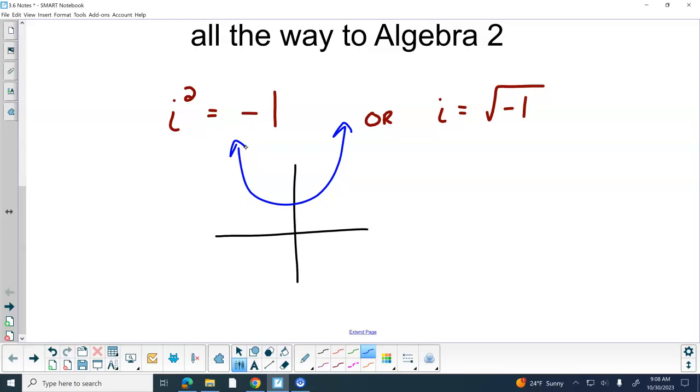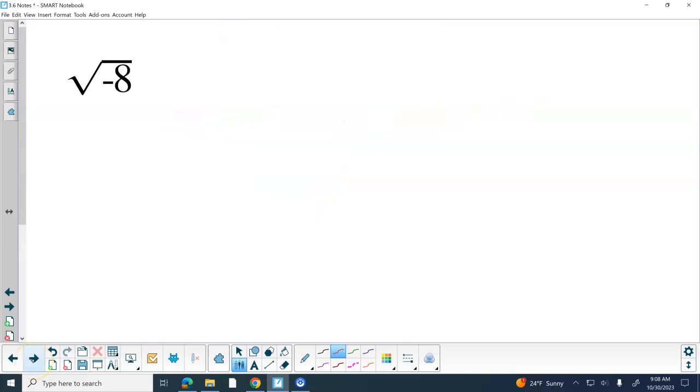So because it never crosses that x-axis, mathematicians, much smarter than I, came up with the imaginary concept. So i equals the square root of -1, or i squared is -1.